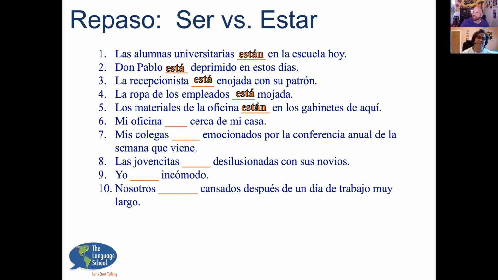So if we look at the PLACE acronym for estar, position and location, this is one of those that I haven't fully understood either, but it is estar. I would argue that the location of an office is not easily changeable, right? According to Spanish, it is. So I don't fully understand it.